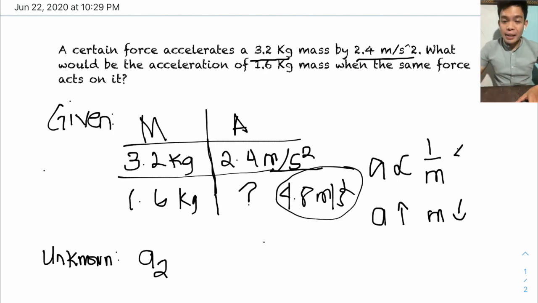So in science, we cannot say that the answer is this just because of that. We need to analyze it using a quantitative method. To do that, we need to find our formula. This is a very efficient way of remembering the formula. Our relationship is that acceleration is inversely proportional to the mass of an object.